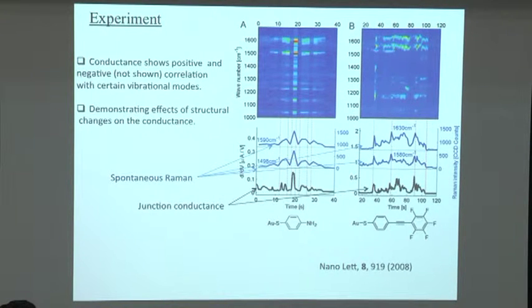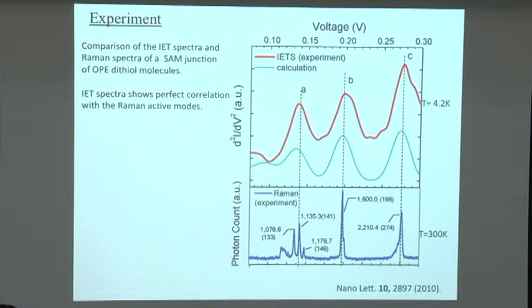So similarly, there is another experiment. Okay, I'll not go into details. They show that these vibrational excitations also show up in something called the IETS spectrum of the molecular junction, which is when an electron exchanges vibrational energy with the vibration of the molecule, it comes out in the current versus voltage experiment, and these excitations are the same as you see in the spectroscopy measurements.